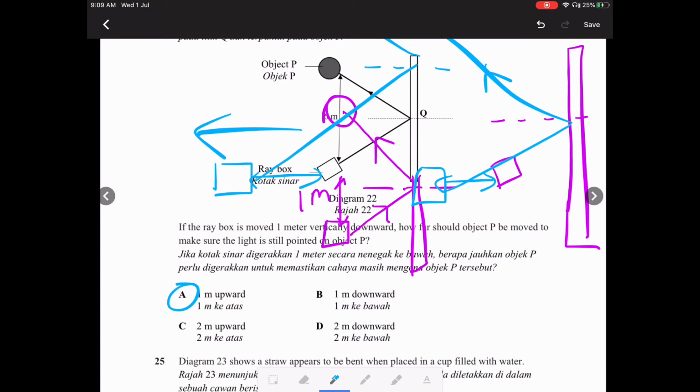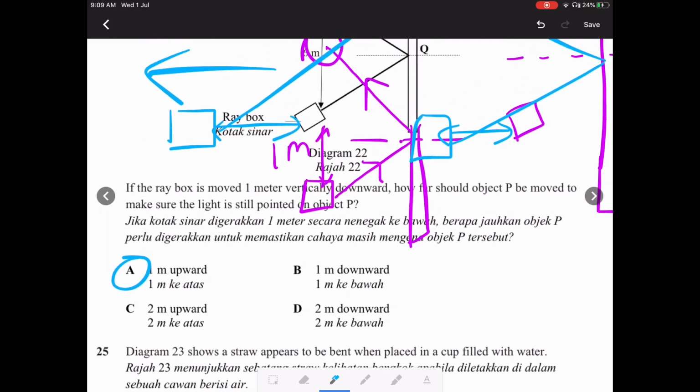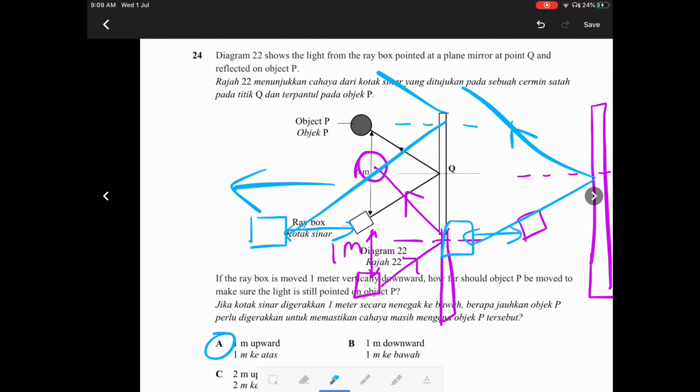Kalau bermaksud vertically downwards tu ialah yang warna purple ni, then dia akan kurang 1 meter. Okay, jawapan sepatutnya ialah B. Tapi kalau dia bergerak vertically tu ikut garisan yang warna biru, so dia akan bergerak secara 1 meter upwards. Okay, so tengok pada jawapan awak lah macam mana pergerakan dia ni. Soalan ni macam tak berapa jelas.